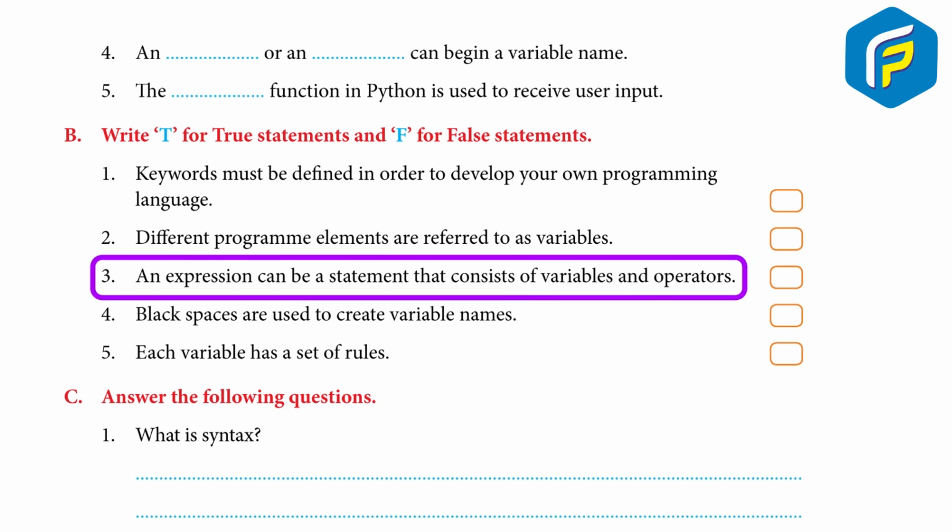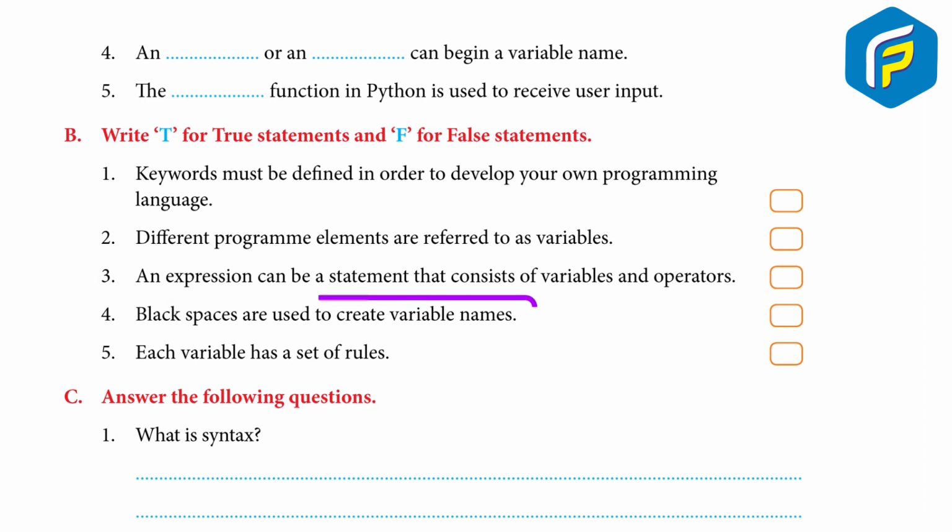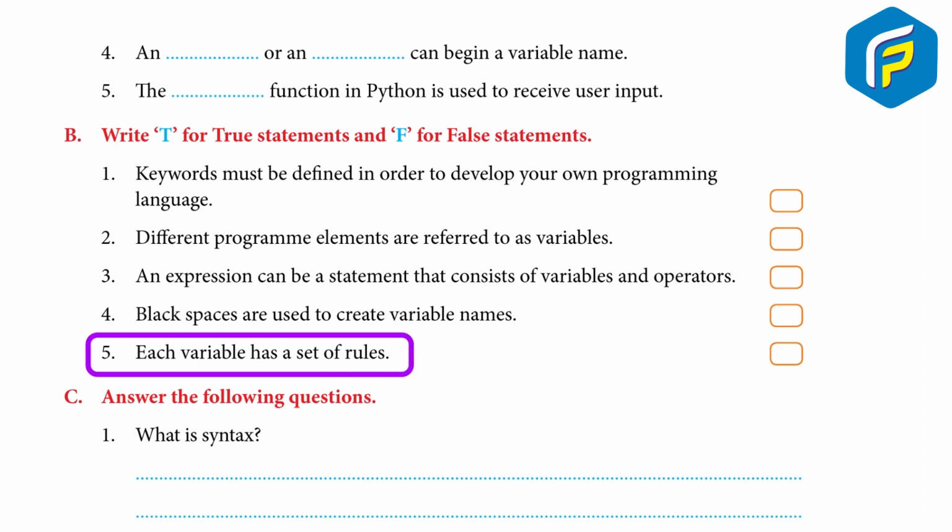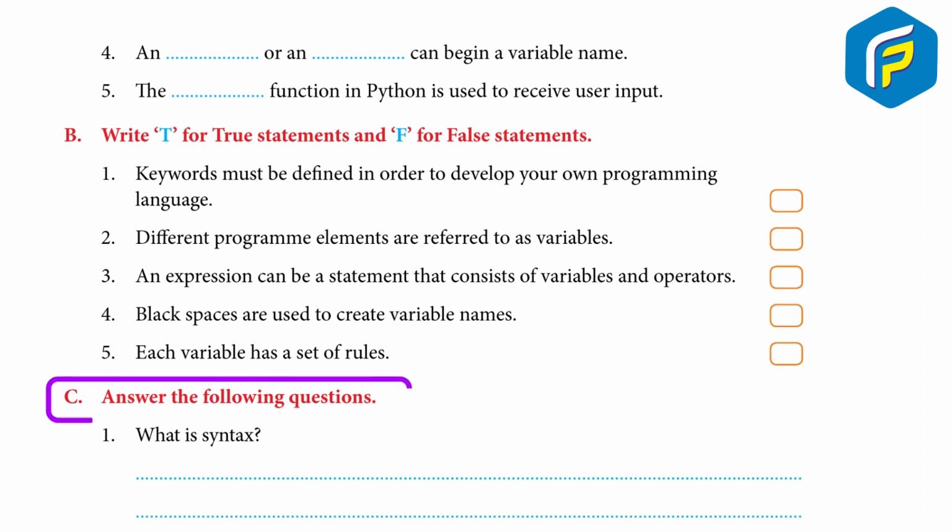An expression can be a statement that consists of variables and operators. Answer: true. 4. Blank spaces are used to create variable names. Answer: false. 5. Each variable has a set of rules. Answer: true.